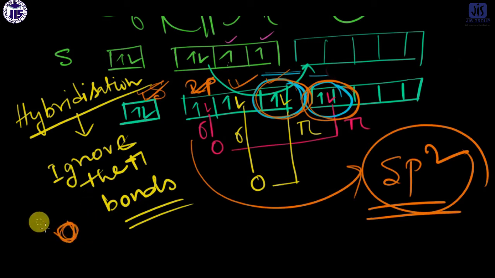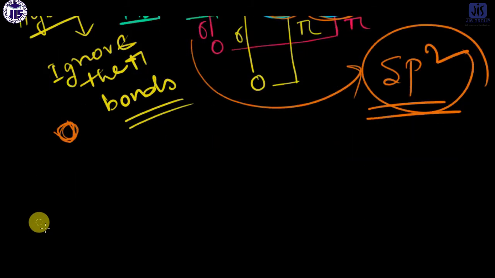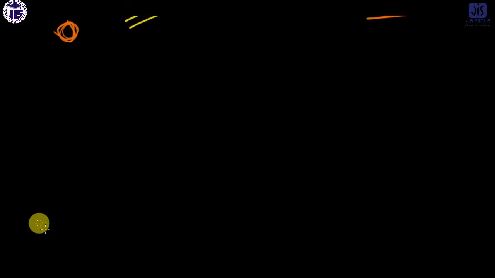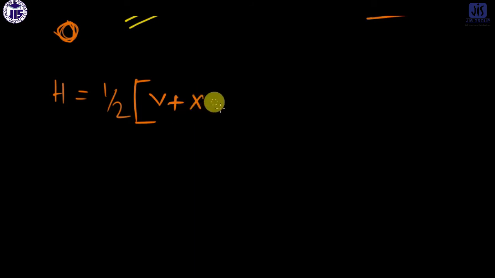So now this is the basic theory regarding how we can determine the hybridization. But there is a rule by which we can easily determine the hybridization of any molecule. Other than this basic theory, H equals V plus X minus C plus A. I'll tell you what V, X, C and A are.